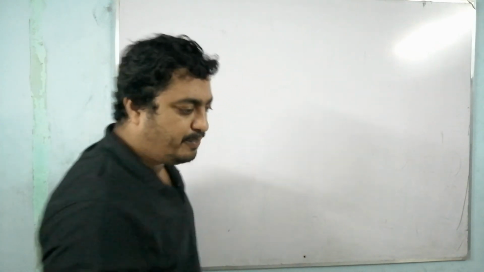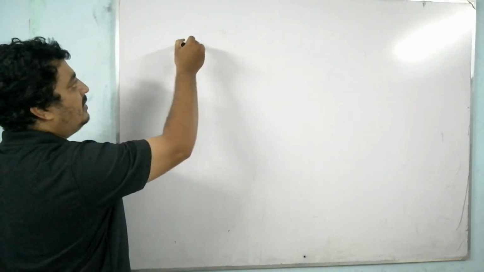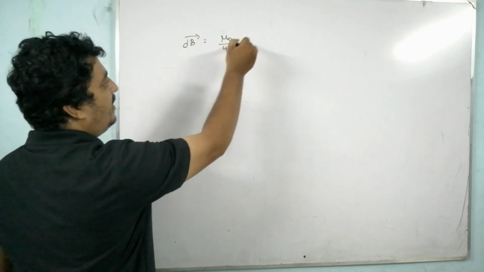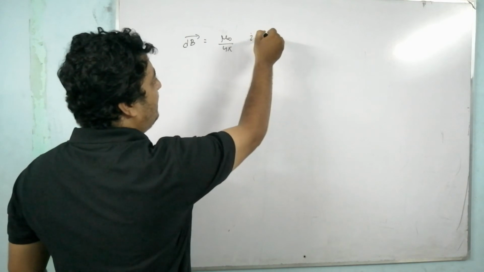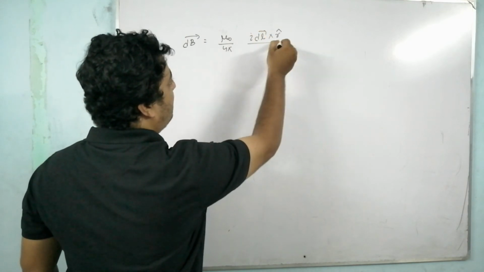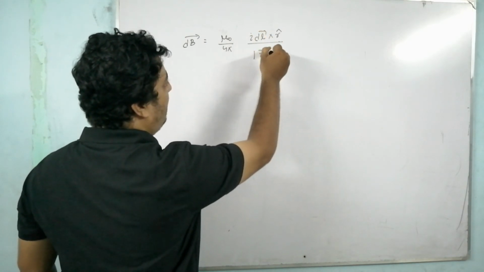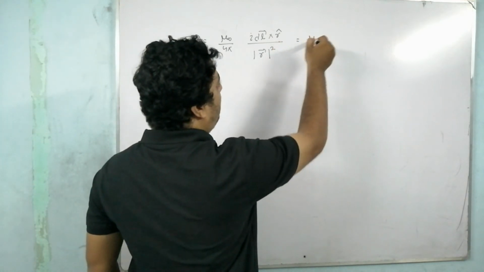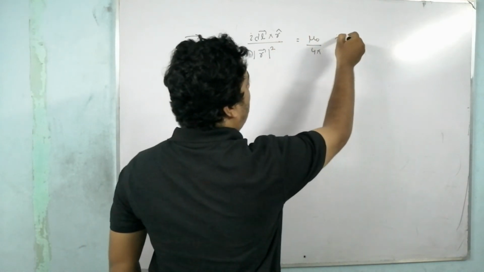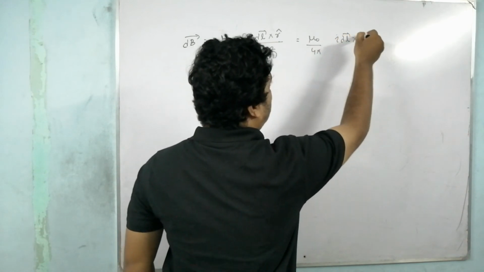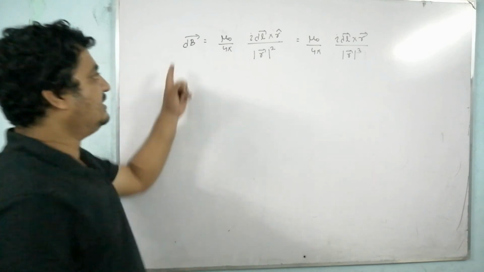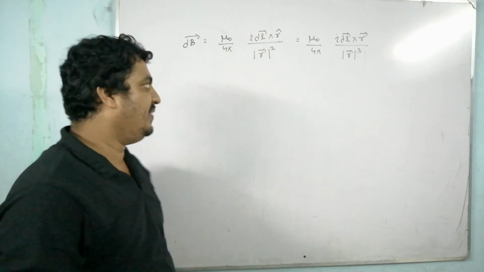Now if we go for Biot-Savart's law, dB equals mu naught by 4 pi I dl cross r cap divided by mod of r square, or you can write it as mu naught by 4 pi I dl cross r divided by mod of r cube. This is the value of the magnetic field.